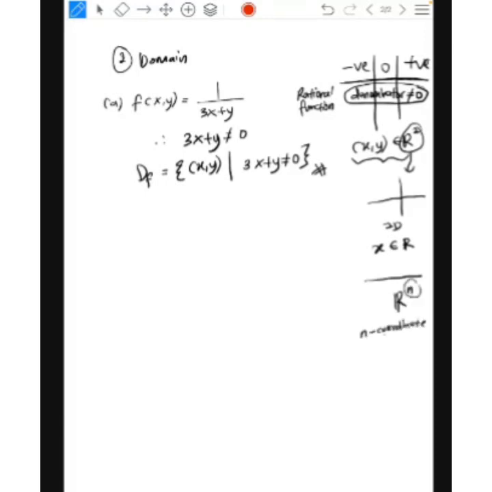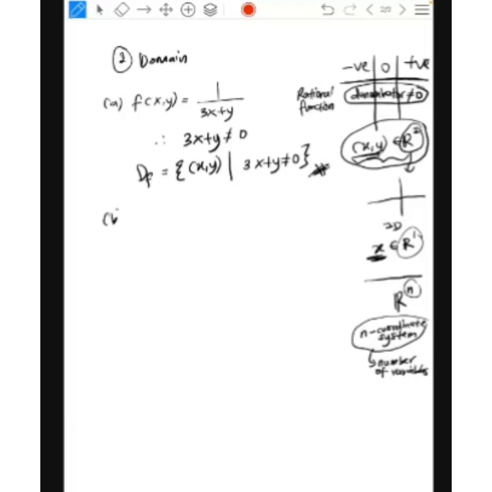What you have learned is only 3D. The coordinate system depends on the number of variables. This one has one variable x, so R to the power of 1. This one has two variables, x and y, so R to the power of 2. That's what it means. But you don't have to write these terms in your domain. Okay, enough with this one.